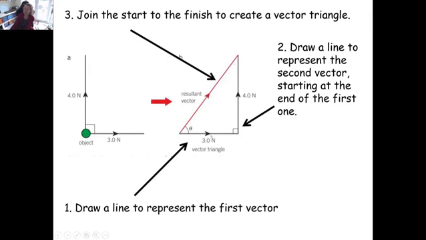So if we square 3, which gives us 9, and we square 4, which gives us 16, if we add those together, then you will get an answer of 25. If you take the square root of 25, you will find that gives you an answer of 5.